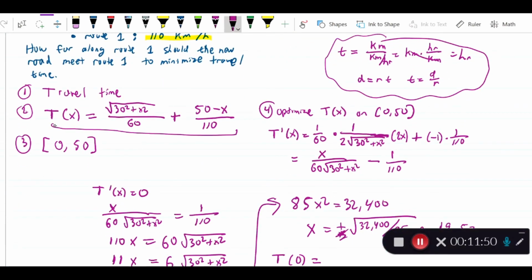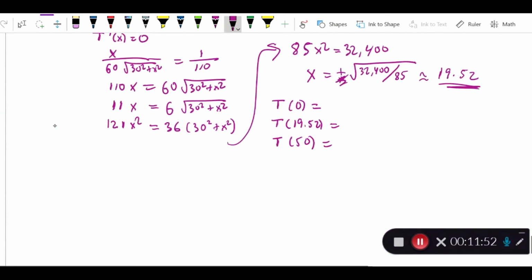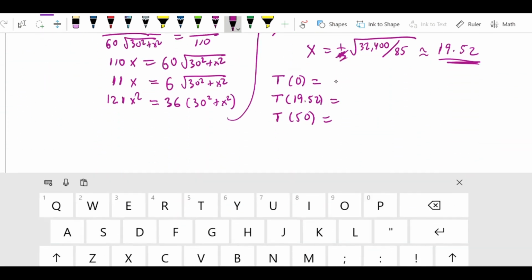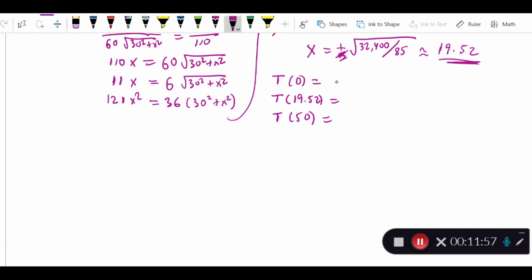I don't want to do the algebra all in front of you, but I've calculated what these come out to. T of 0 comes out to 0.95, and these are in hours, by the way. T of 19.52 comes out to 0.87 hours, and T of 50 comes out to 0.97 hours.